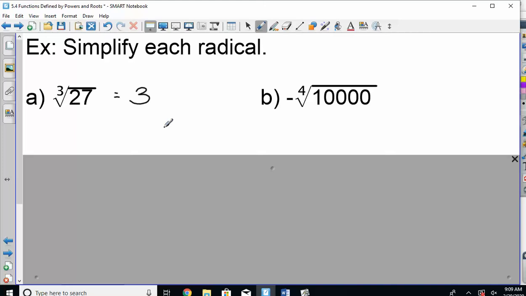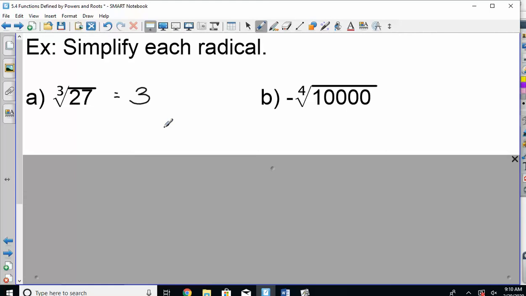But to do the different roots, if you go into math, you'll notice like number 4 is a cube root. Number 5 just has like a little x outside there. If you wanted to do like a 4th root, so if I wanted to do b here, I would have to put in the 4, then go to math, number 5, and then type in the 10,000.